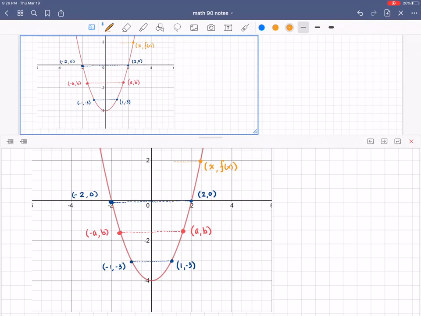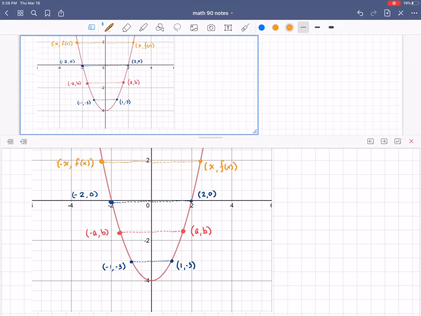I'm going to dot it on over to the y-axis and then keep on going until I get to a point on the opposite side. And again, you see that the y-coordinate stayed the same and the x-coordinate is opposite, right? So the x-coordinate is -x. The y-coordinate is still f of x.